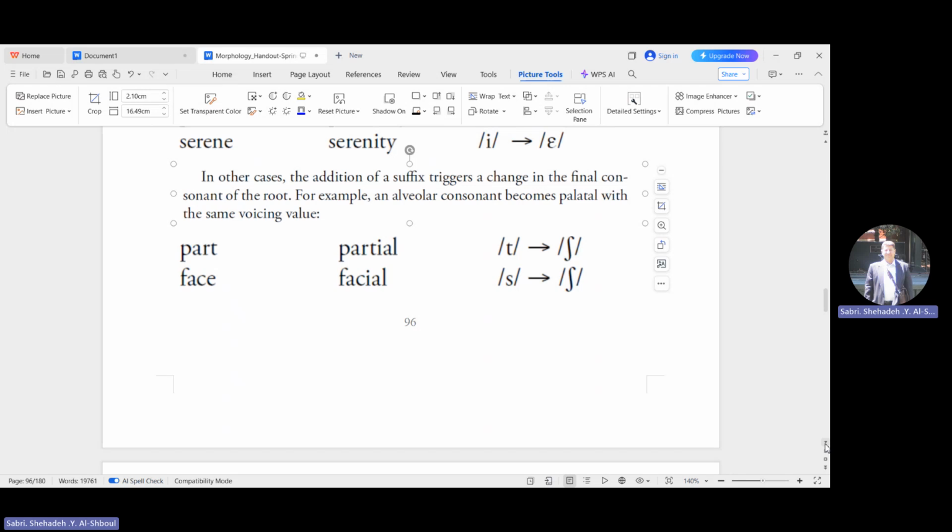So t becomes the palatal sh, a kind of process of palatalization, and s becomes sh. And this change is triggered by the addition of the suffix, as in partial or facial.